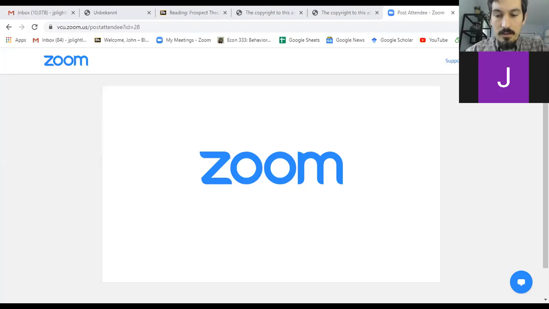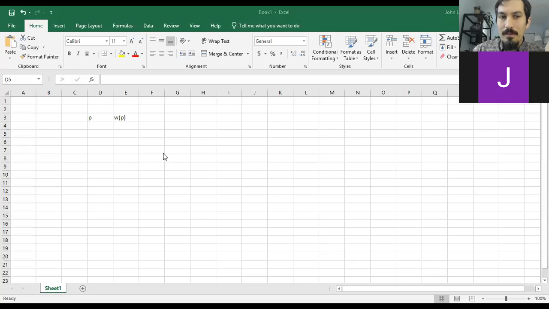But let's get a probability P and a weight W(P). You can't see what I'm doing right now. I'll share it with you so you can actually see what I'm doing. I'm just going to open Excel and look a little bit at some of these numbers based on what I remember it to be.